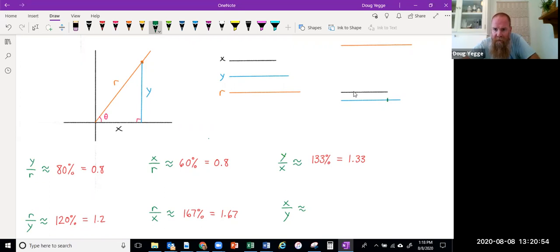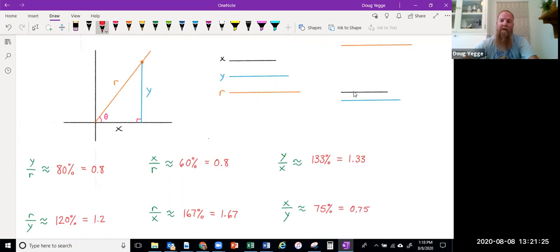So it looks like if we make that whole amount, it looks like it's approximately 75%. Okay, so the black one is approximately 75% of the blue one. So we're going to see that X compared to Y is approximately 75%, or in other words, 0.75.